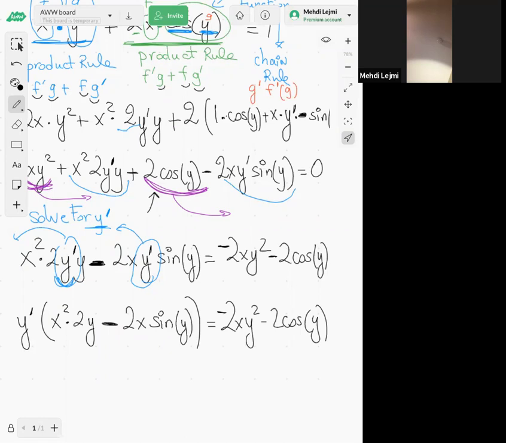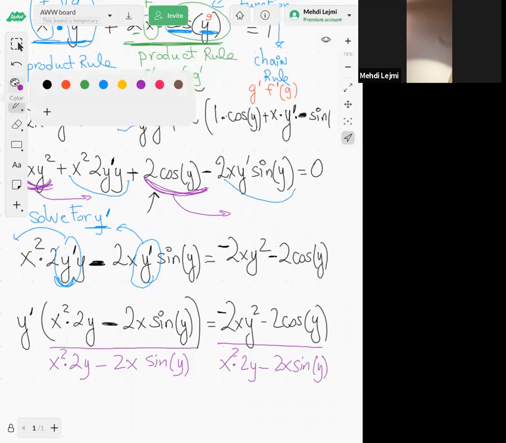And so now I can divide by this whole thing here, x squared times 2 times y minus 2x sine of y, and do the same, of course, on the other side. That's because this thing here cancels out, since it's the same thing.